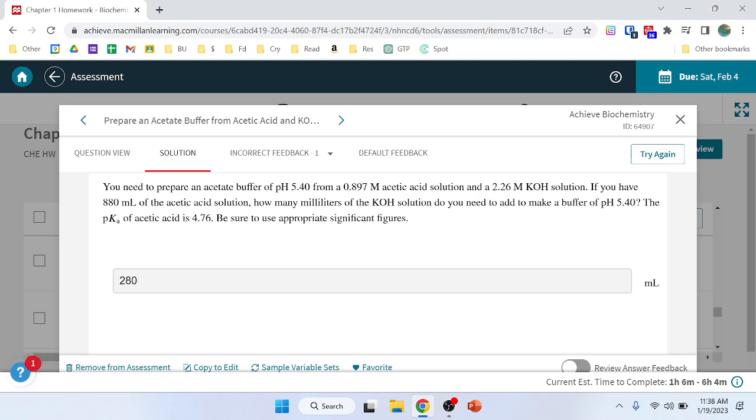The single number, the whole number, singles place, doesn't get counted for sig figs when you go through a log. Okay? So, rounded to 2 sig figs, 280. That's not a sig fig right there. And that gives you your number of milliliters.